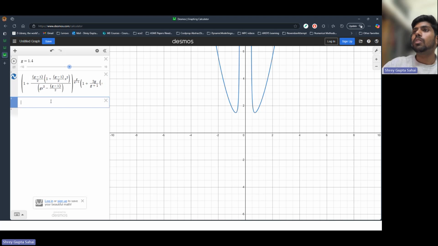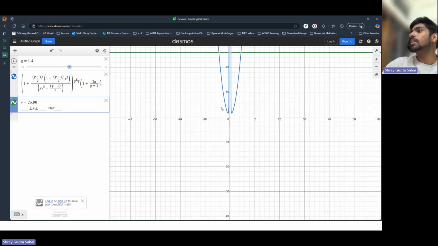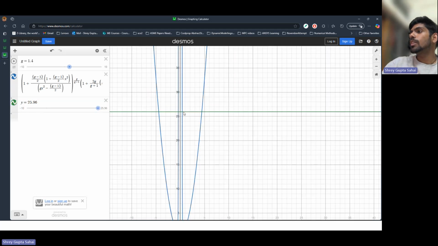Okay, now we wanted the value for 25.96. What Mach number will we get? So we're going to get two values. The other value is 4.444. So we expect the Mach number at location 3 to be 4.45.